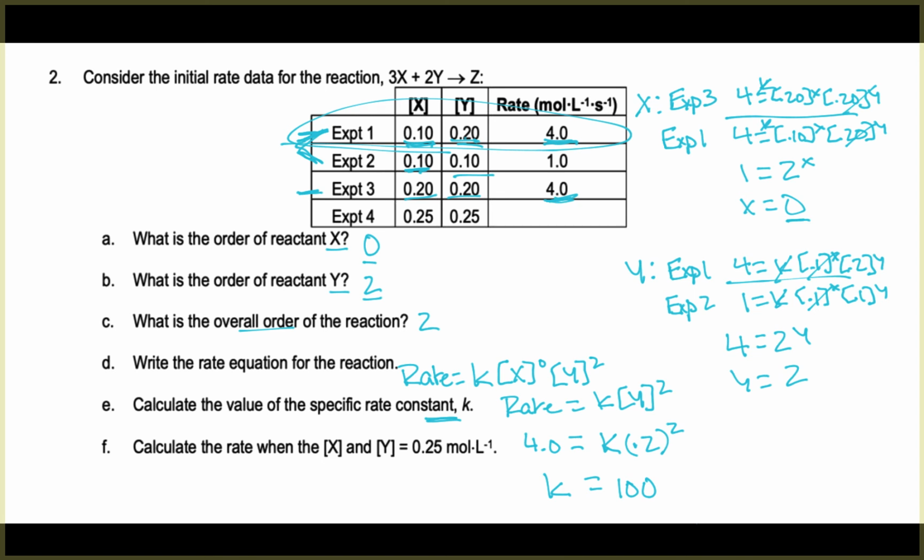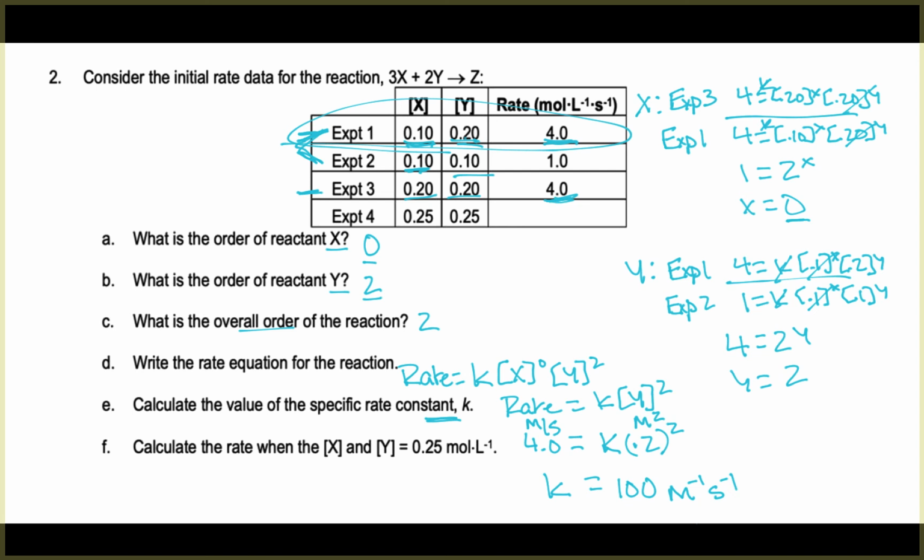And again, to get the unit for k, I have M squared on one side, M over s on the other side. So that's going to leave me with M to the negative 1, s to the negative 1. And as we move forward, like I said, we're going to do more work with figuring out how to manage those units for k.